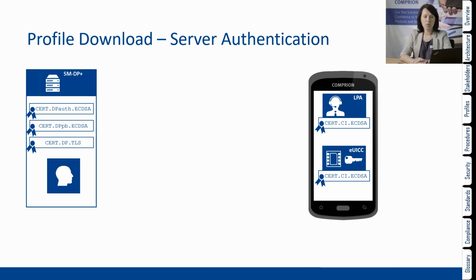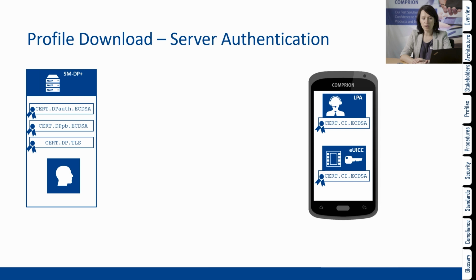Let's take a look at the profile download server authentication part. For this, we have this SM-DP+ with different types of certificates. The server authentication part relevant is the DP auth ECDSA, and then there's this PB part and the TLS part.